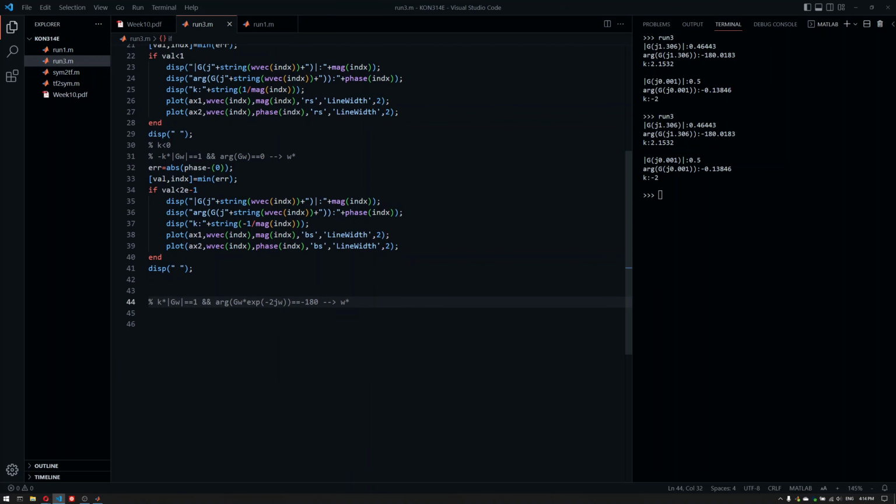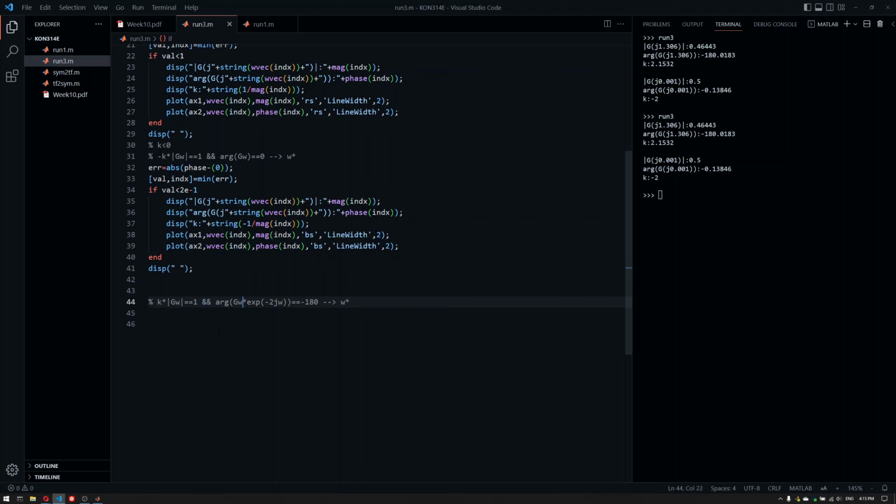Now, let's add this portion here too. And you can see that when we're calculating basically the P-type controller, we can just do it like this. And the magnitude of e to the power of minus 2j omega is basically 1. It's the phasor representation itself. So it has basically gain 1.